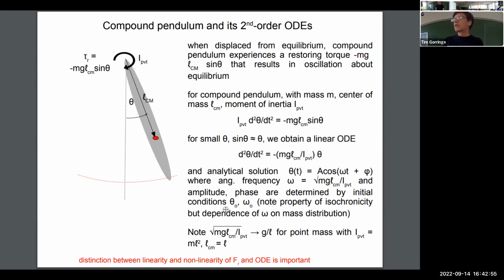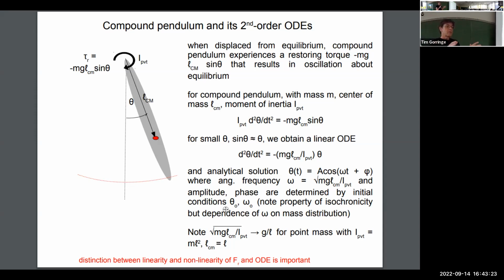Compound pendulum. So the compound pendulum is just the case of a simple pendulum that now has a distribution of mass. It can no longer be considered a point mass. But basically, the differential equation for the compound pendulum is the same as the equation for the simple pendulum.